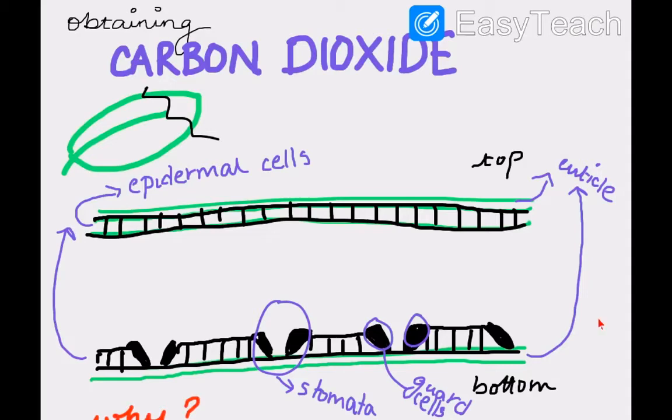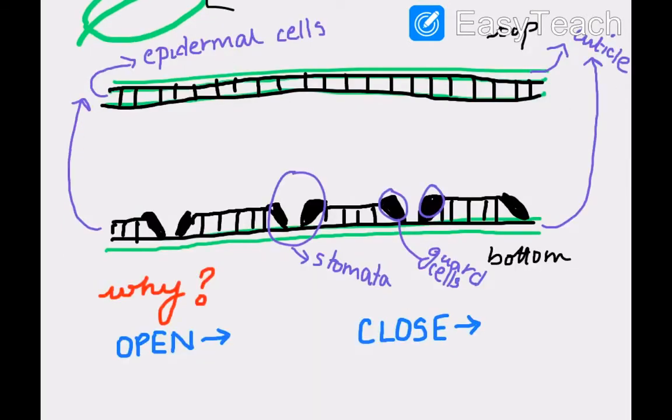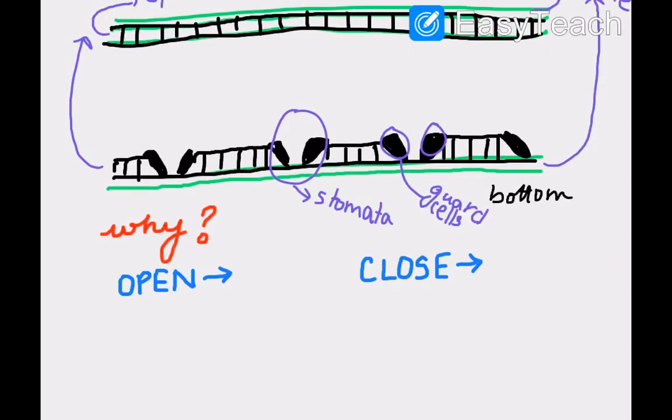So why is there a requirement for this stomata to open and close as well? Why wouldn't we just leave it open all the time? So sure, it's really, really good to allow for carbon dioxide to enter, and lots of carbon dioxide will enter if the stomata is left open. I'm just going to write that down. Right, so it allows for carbon dioxide to enter easily, but it also allows for a lot of water to be released as well.